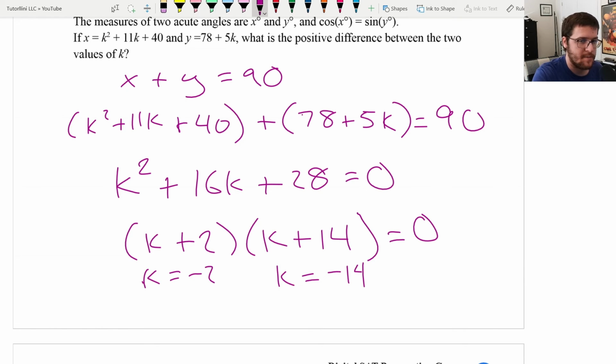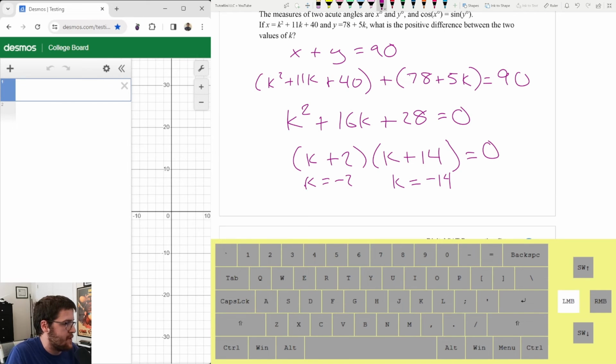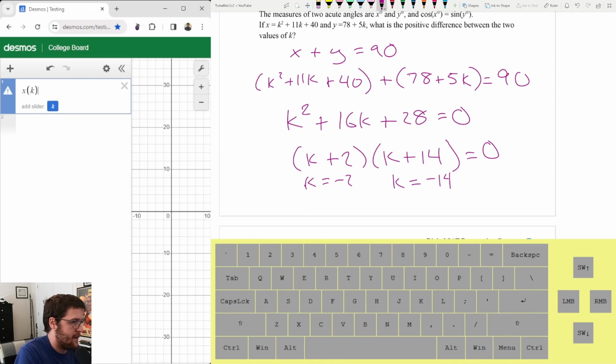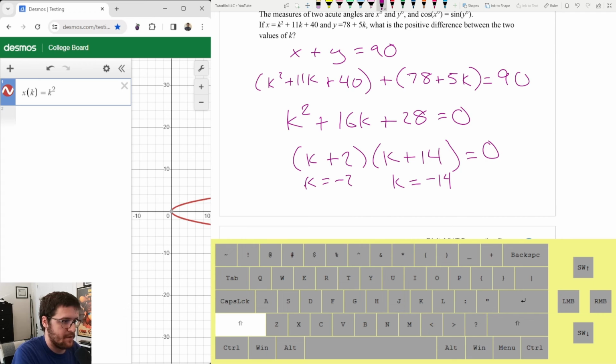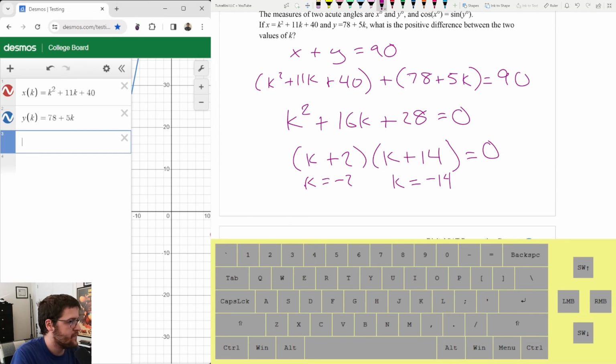So why don't we go to Desmos just to make that a little easier. It'll just save me a ton of time. So I'm going to do x of k equals k squared plus 11k plus 40. And now I'm going to do y of k equals 78 plus 5k.